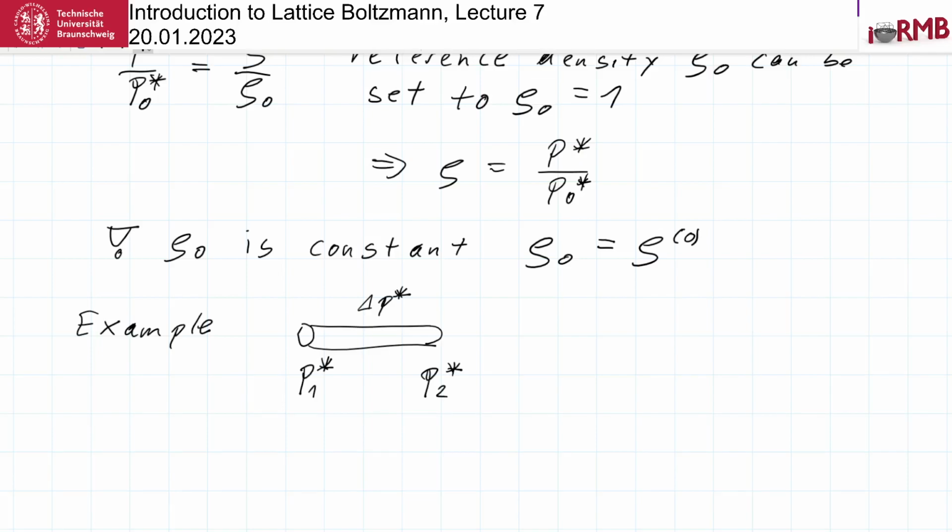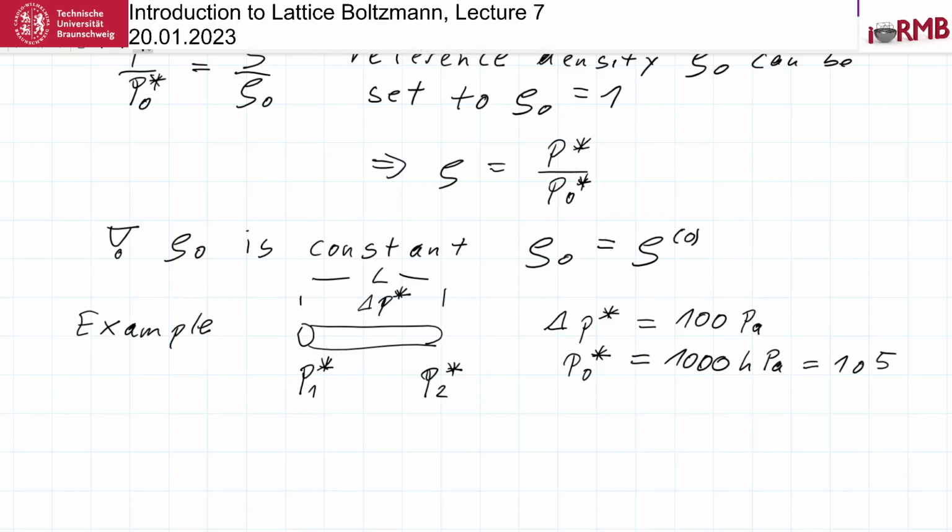This has some length, say length L, and then we have a pressure-driven flow in this. Say, for example, the delta P star would be 100 pascals, and we say that our base pressure would be 1000 hectopascals, which is 10 to the power of 5 pascals.